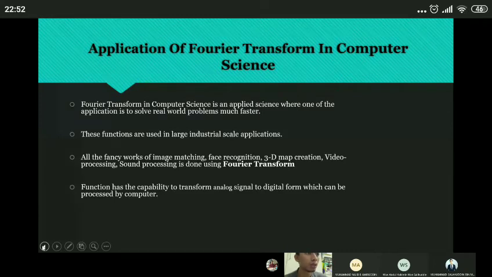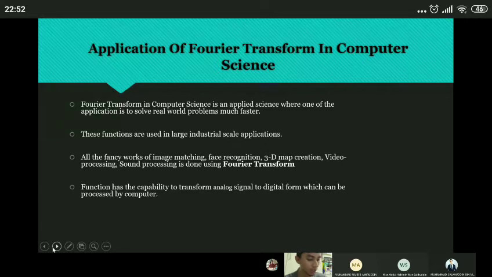These functions are used in large industrial scale applications. All the fancy work of image matching, face recognition, 3D map creation, video processing, sound processing is done using Fourier transform.